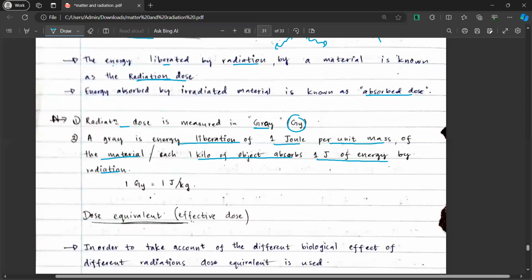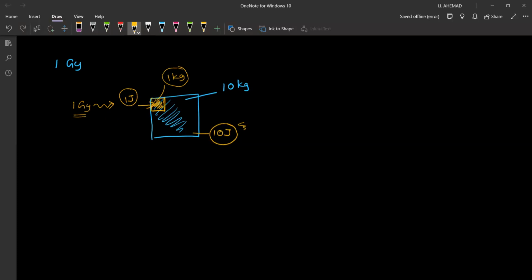Is it clear? So if we have 1 gray of radiation, each and every kilogram will absorb 1 joule. So if the object is 10 kilograms, it would have absorbed 10 joules. Now let's say a human who is around 60 kilograms is exposed to 1 gray of radiation.